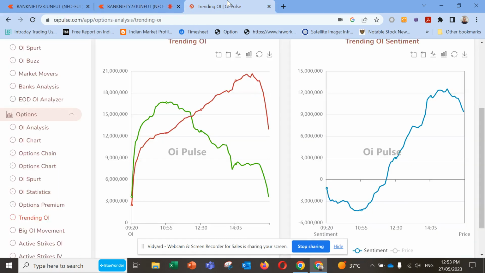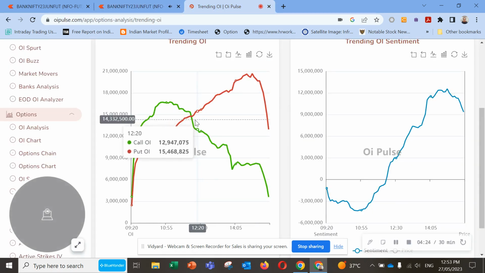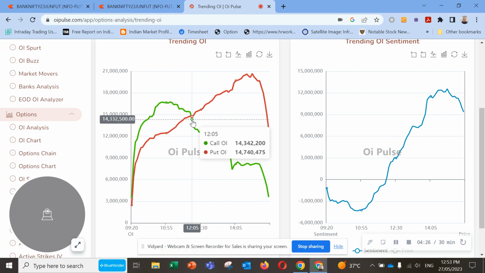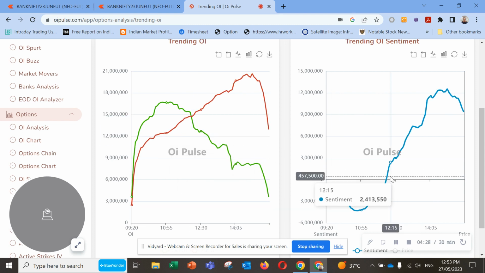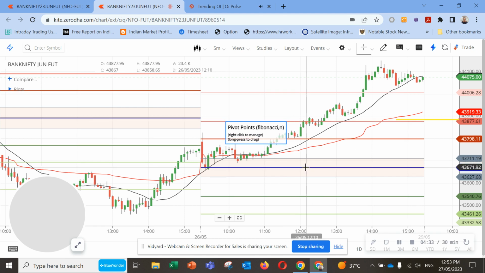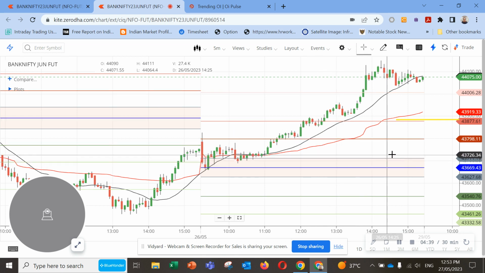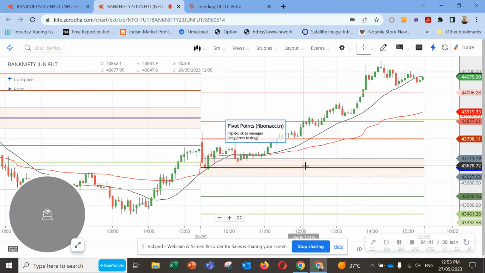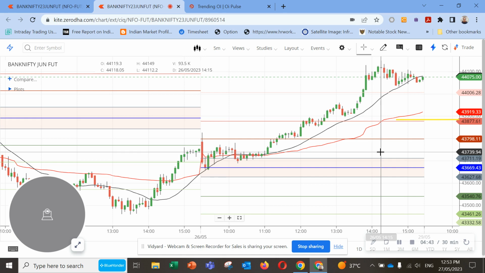My trend indicator is also saying that put is trending and call is going down, and sentiment is also up at 12:05. So I can go ahead and buy the market at 12:05, and you can see the market turned out really well. This gave me a very good profit, right?